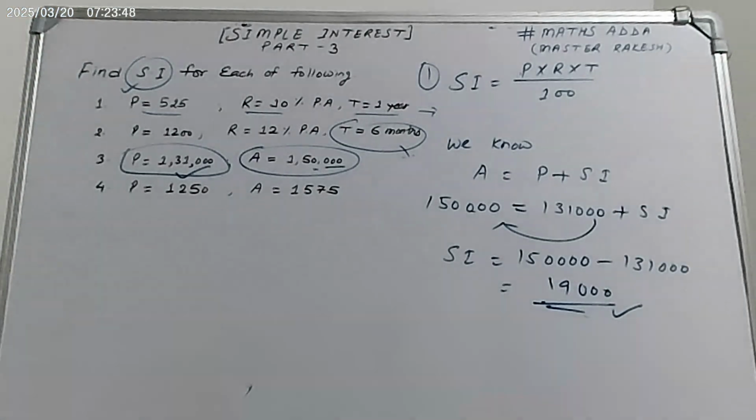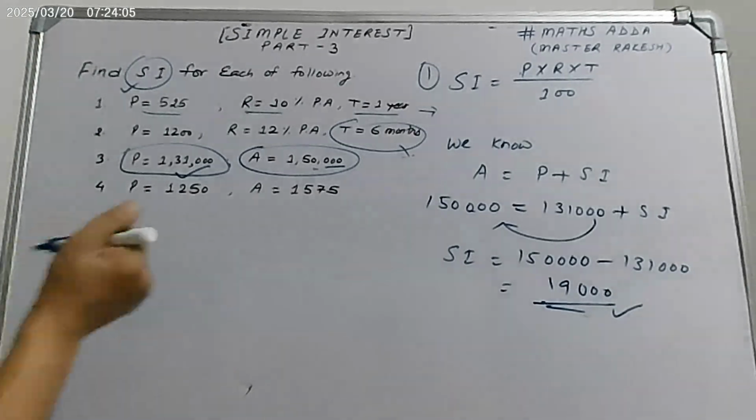The SI would be 19,000 for the same. So you can calculate SI like this. So SI would be rupees 19,500. So that is the third one.